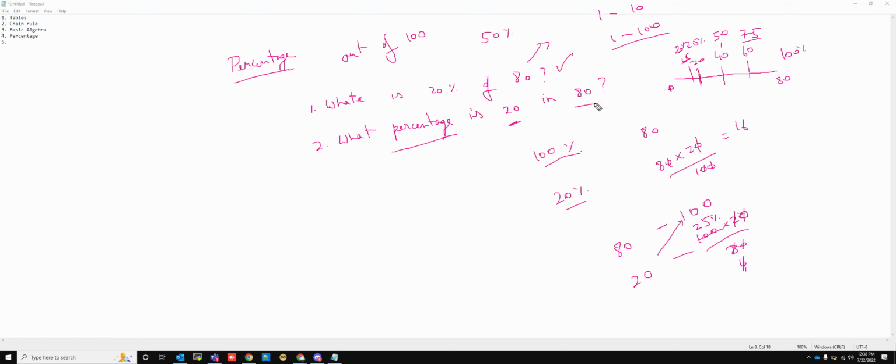Given here, both the things are values. 80 is also a value, 20 is also a value. In 80, 20 is how many percent? You have to find the percentage, so the percentage has to come on the right. This is the basics of percentage. You are trying to find out of 100 how much it is.